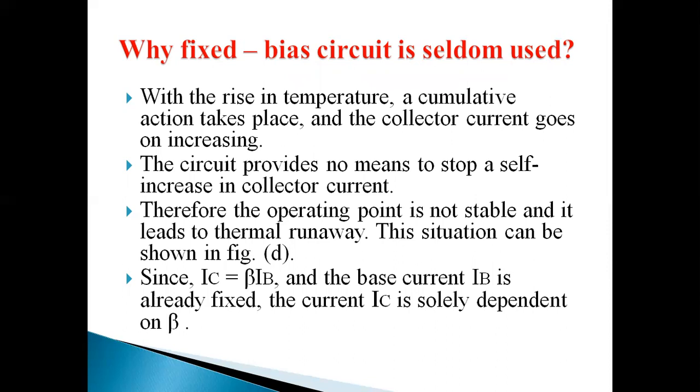The collector current goes on increasing because when the temperature rises, ICBO doubles. When ICBO increases, collector current rises. When collector current rises, it is going to produce heat. Due to heat, the temperature is going to rise. So this process is cumulative in action.